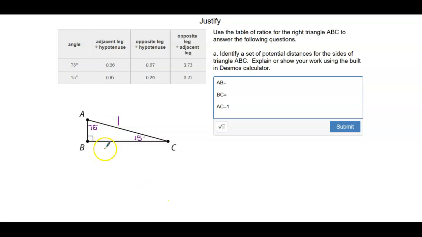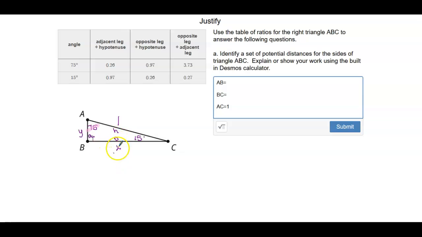So if I want to figure out what AB and BC are, we'll call one of these X and we'll call one Y. So if I want to do, we'll say this angle right here, this becomes my opposite, this is the hypotenuse, and this is the adjacent.